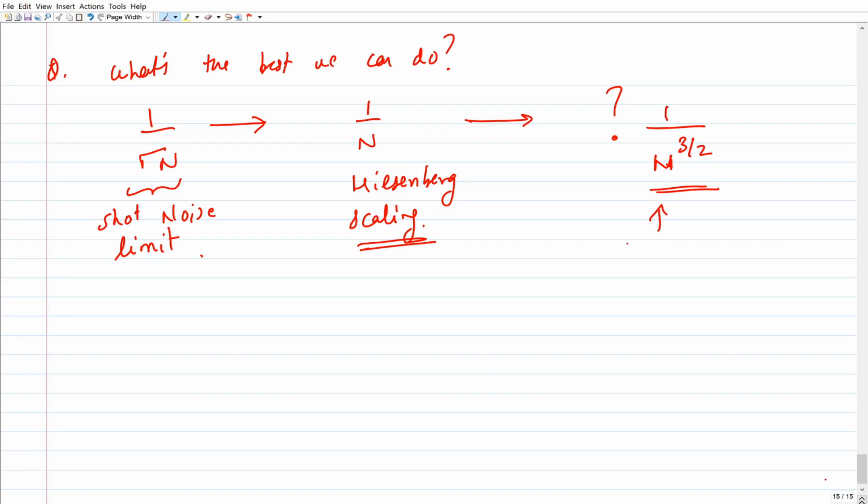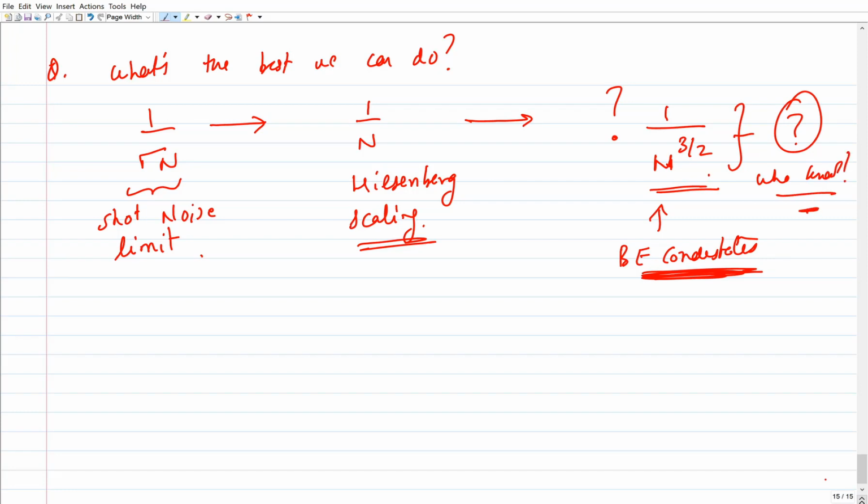The implementations over here use Bose-Einstein condensates, and very interesting quantum properties that help us achieve this limit. Now again, the question is, is this the ultimate? Who knows? Thank you.